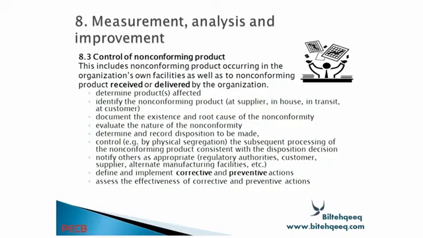Determine products affected, identify the non-conforming product at supplier, in-house, in transit, at customer, document the existence and root cause of the non-conformity, evaluate the nature of the non-conformity, determine and record a disposition to be made, control by physical segregation the subsequent processing of the non-conforming product, consistent with the disposition, notify others as appropriate: regulatory authorities, customer, suppliers, alternate manufacturing facility, define and implement corrective and preventive action, assess the effectiveness of corrective and preventive action.